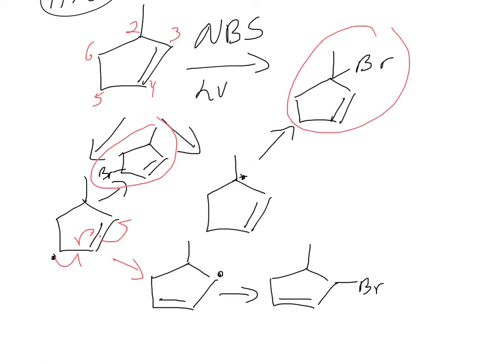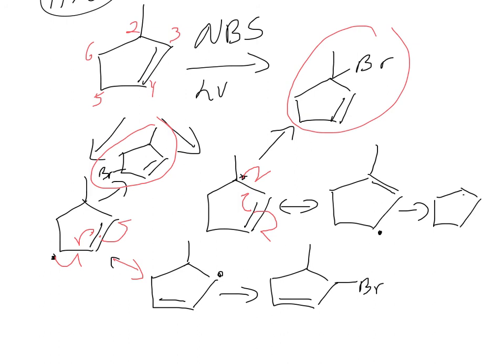We could also draw a resonance structure for this one. Now the radical's on 4. And that'll finally react, and put the dot there. So there's at least 4 products, it looks like to me.